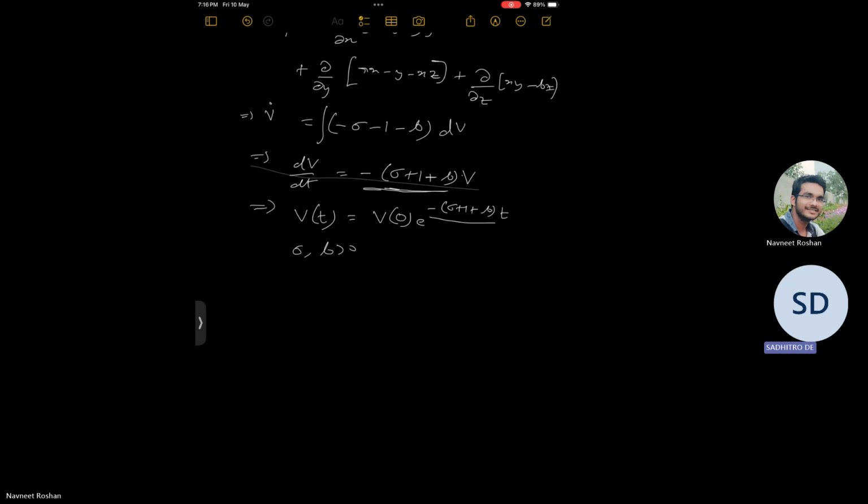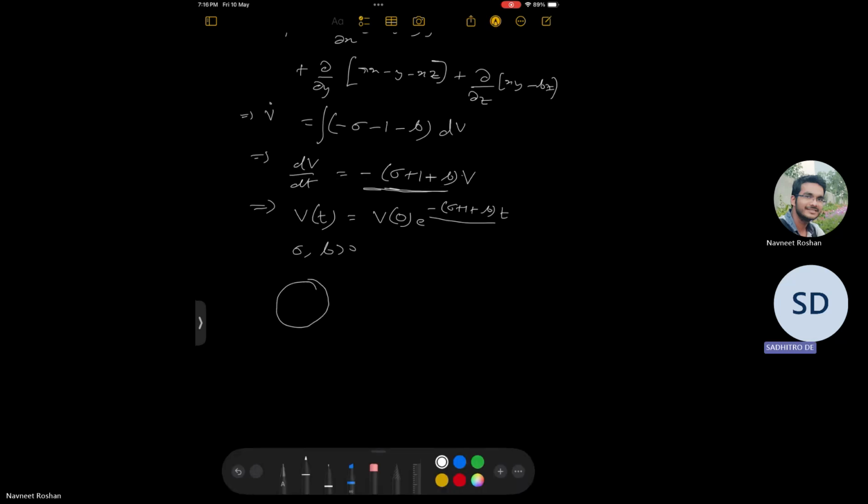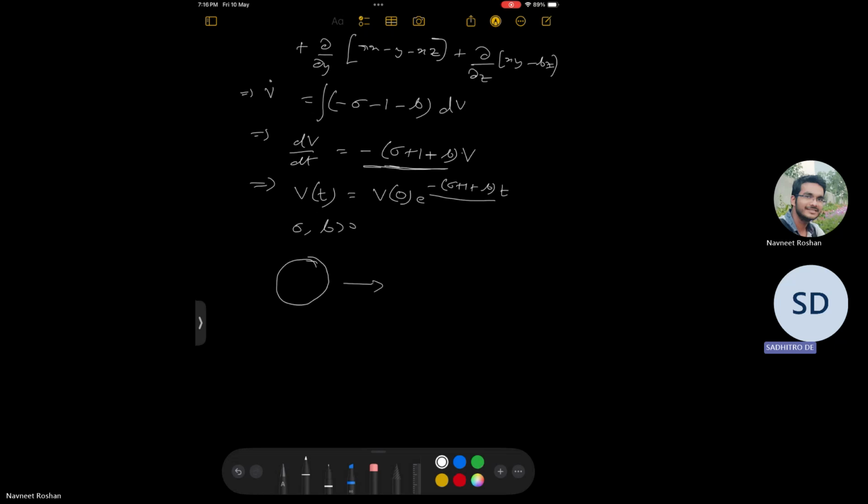When I say a ball, I mean it is a volume like this. And when it contracts, it does not necessarily retain its shape. So it can turn into something like this. I'm particularly showing in 2D, or it can turn into something like that. So in 2D, this basically means that although the volume of the ball decreases, its surface area might be increasing, or the distance between any two points which were initially separated by a particular distance, say r, might increase to some distance r dash, where r dash is greater than r.